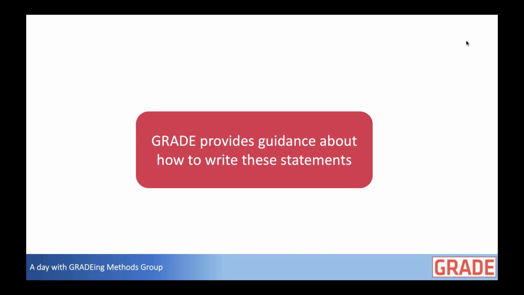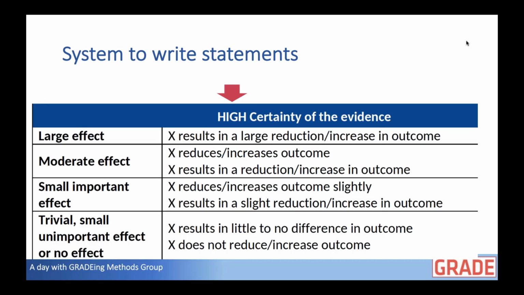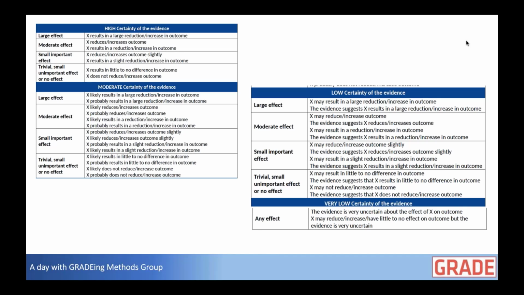Because of all these different ways of trying to communicate them, there was work done about how to communicate the results based on using a GRADE framework. And basically the system comes out to where you think about two things. You think about your certainty in the evidence, and you also think about the size of the effect that you found from the results.